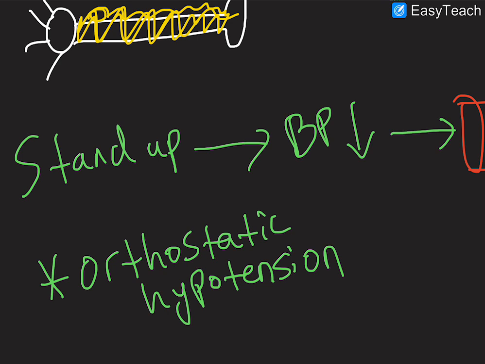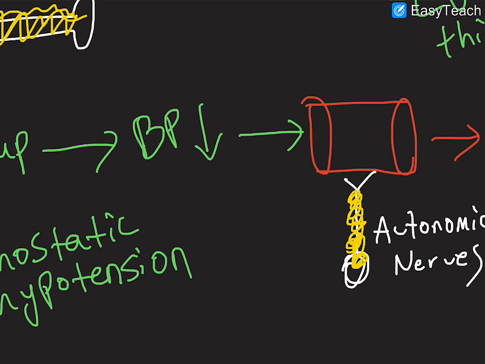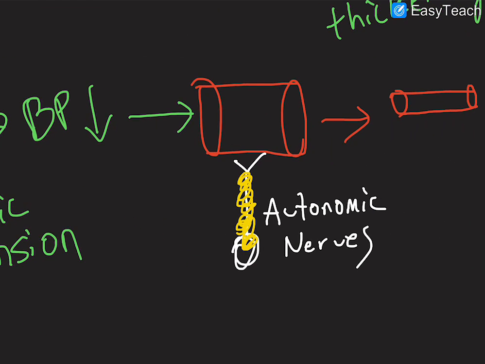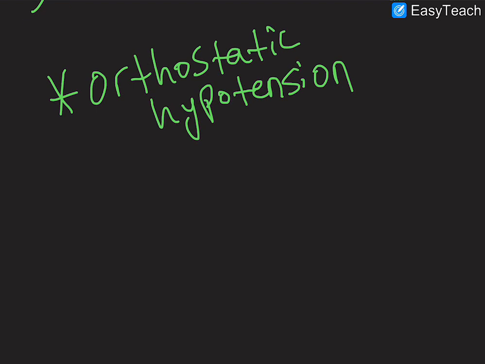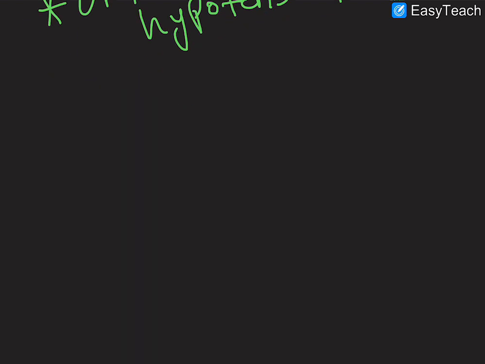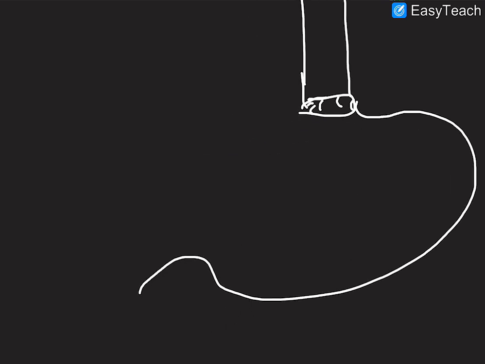Another thing you would see, because again it's affecting your nerves: of course, you have nerves that supply your stomach. One of those nerves, a really important one and actually a cranial nerve, is the vagus nerve. If we look at the stomach here, obviously I'm not a good artist, we have our esophagus, then the lower esophageal sphincter, which leads to the stomach, and then the stomach empties into your duodenum.